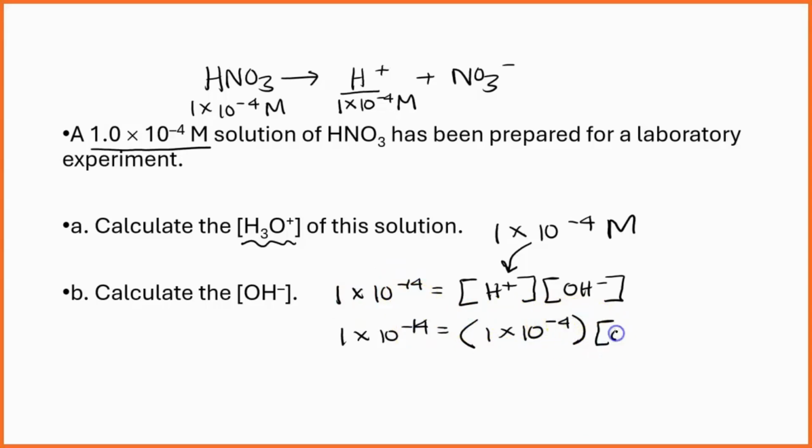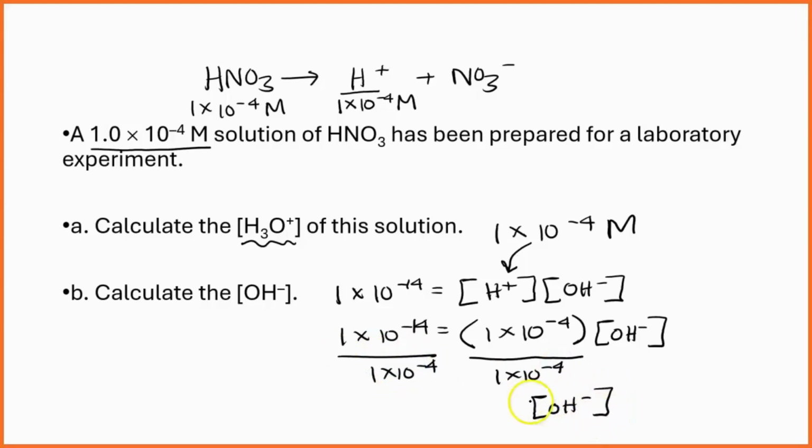And we're going to solve for OH minus. So we'll just divide both sides by that 1 times 10 to the negative 4th. So our concentration of hydroxide equals 1 times 10 to the negative 10, and that's a capital M because it's a concentration.